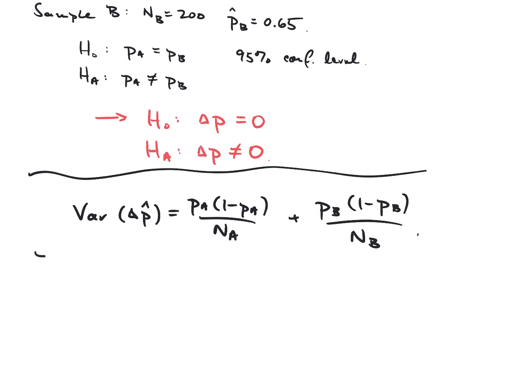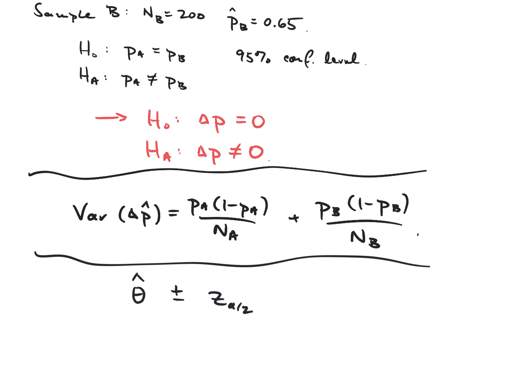Okay, so the confidence interval, again, it's going to be the estimated parameter plus or minus z of alpha over 2. When we're testing a hypothesis about proportions, the z distribution is the way to go. There is no better distribution to use. Times the square root of the variance in the estimator.